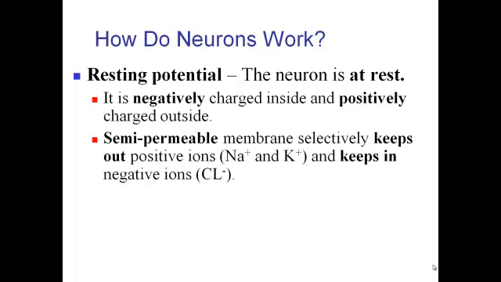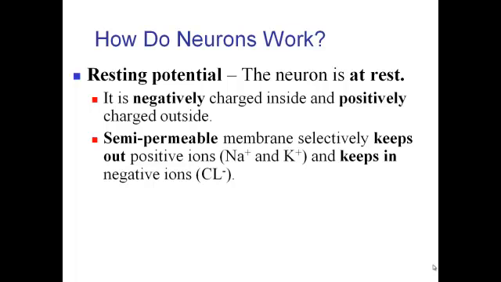Well, how does it have a negative charge? In your cellular fluid, in your body, you have sodium, potassium, and chlorine. You have them as ions, dissolved in the fluid. The sodium ions have a positive charge. The potassium ions also have a positive charge, and the chlorine ions have a negative charge.